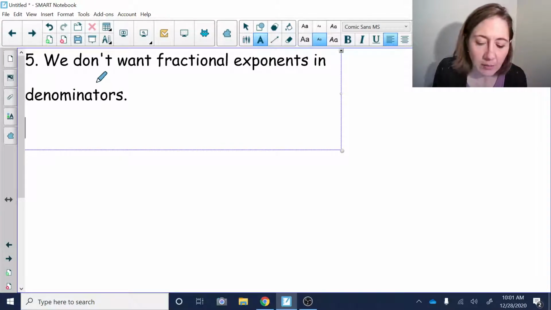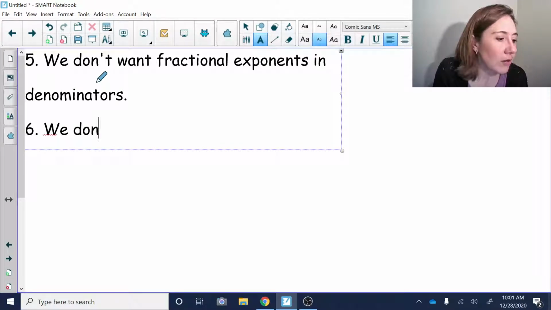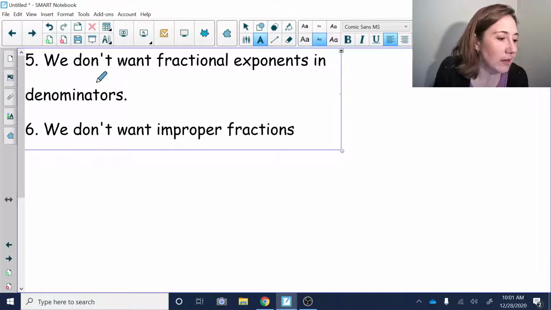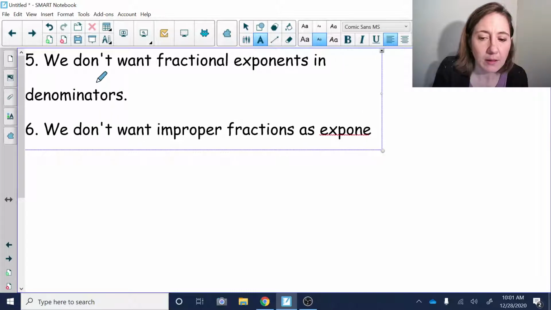And then a sixth one is we don't really want improper fractions as exponents.